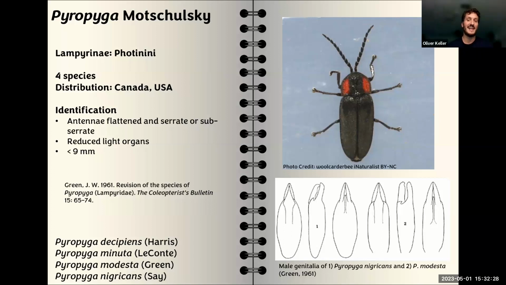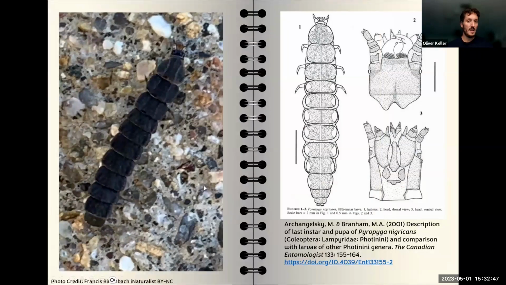And in this case, a lot of times when the pronotum is not really distinctly marked like this one, you need to look at the genitalia to get it to species. Sometimes geography will help, but a lot of times you might have to look at the genitalia. This is the larva, described in Archangelsky and Brennan 2001.